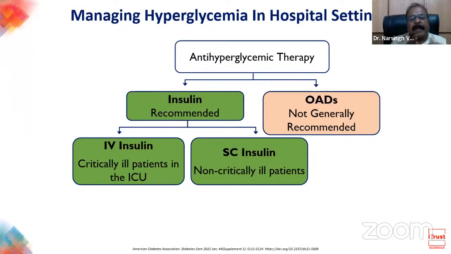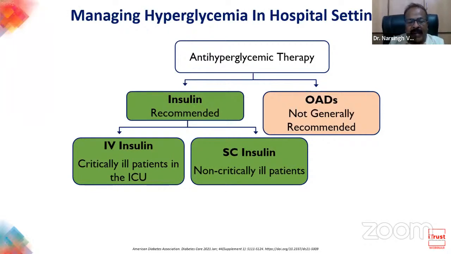And there are other parameters as well, because insulin has some very basic compelling indications where only insulin can be used, and among those, hospitalization is one of the major indications, because here insulin is the best treatment available, and treatment should be given to most of the patients. Why? Because these patients are having inflammation, they have infection, and most of the time when these two are there, they are metabolically unstable.